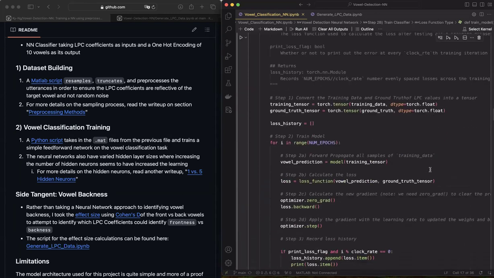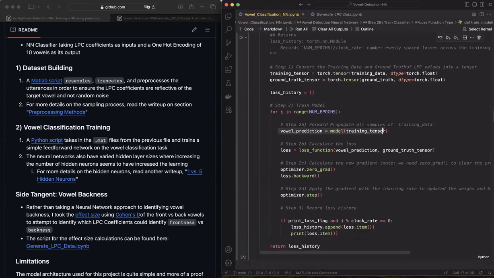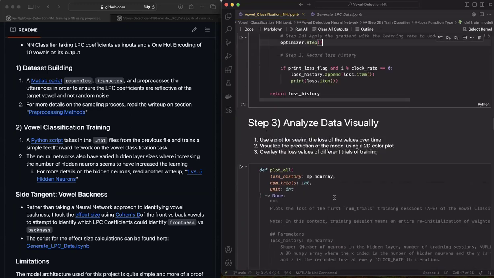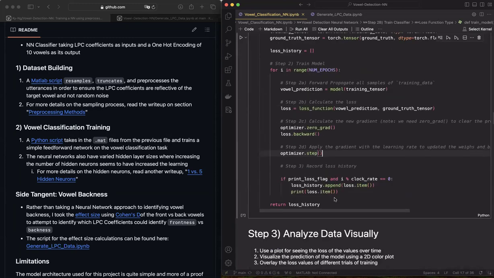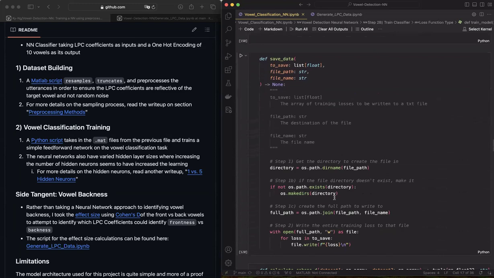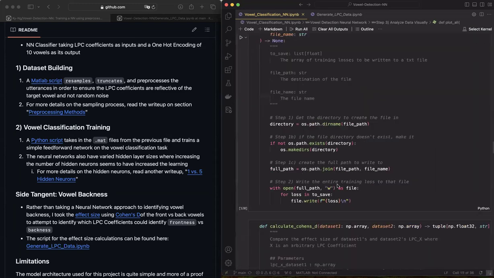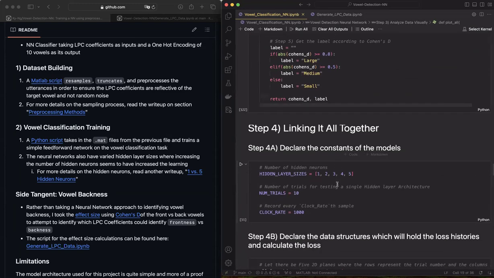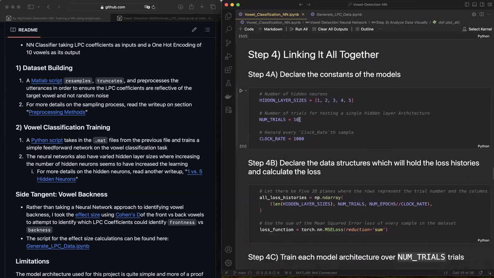So for our model training here, we're going to take the vowel predictions, all 128 of our vowel predictions, and we're going to aggregate the sum using mean squared error, and then we're going to use our stochastic gradient descent to backpropagate. And for this, we essentially do this over and over again. In fact, this is some extra helper functions for plotting the data. We do 10 trials per each hidden layer size.